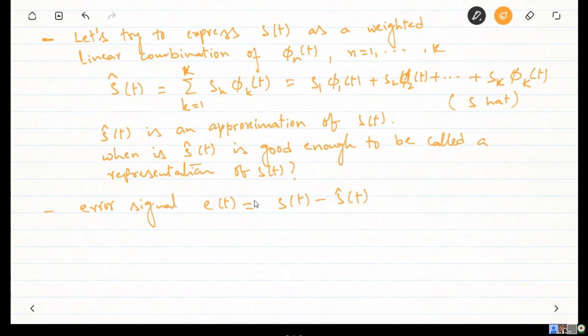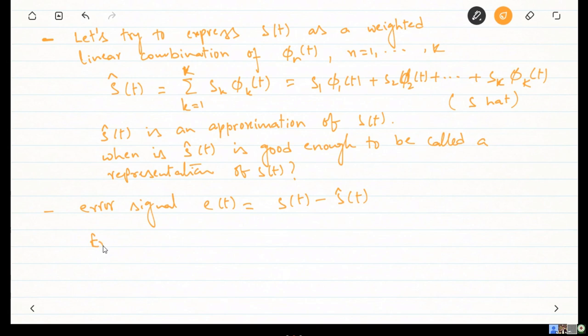We are trying to represent S of t as a linear combination of these terms, and we are calling it S hat of t, but it is not exactly equivalent to S of t. So that's why we construct an error signal, E of t equal to S of t minus S hat of t. Now, when do we say that S hat of t is equivalent to S of t?